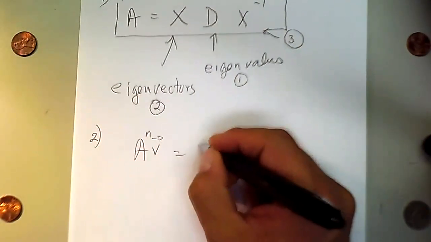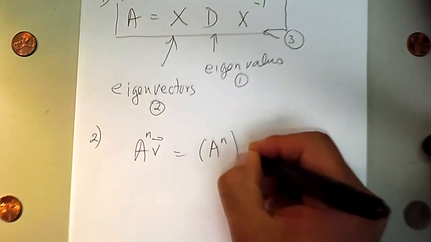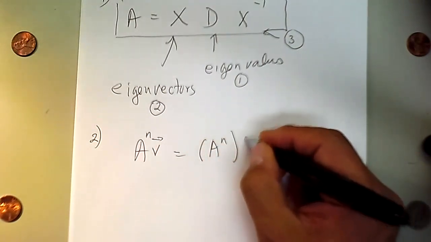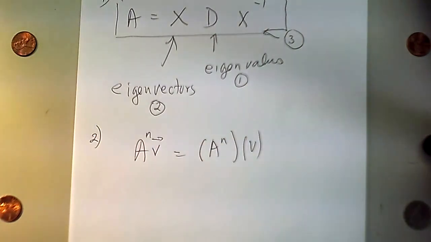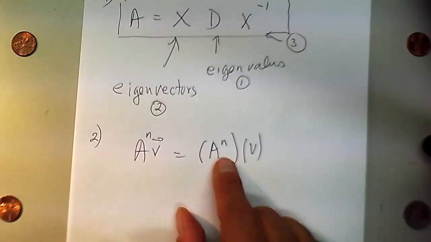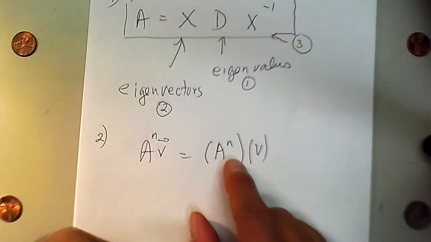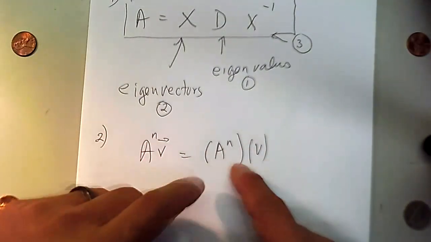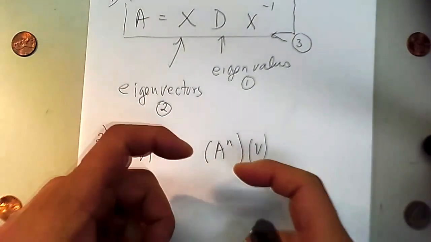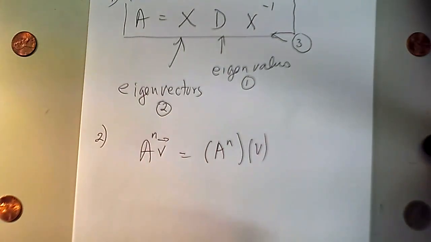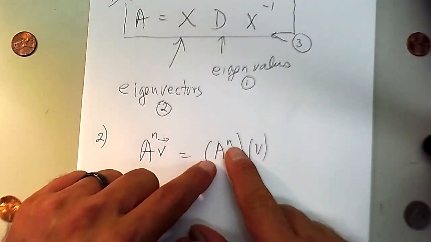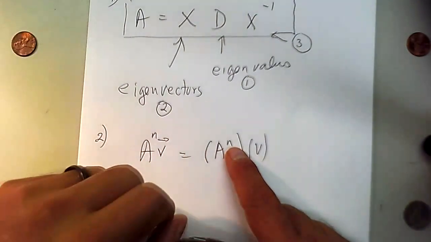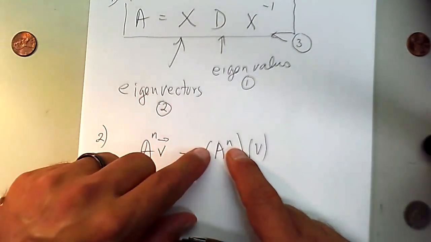Let me rewrite this as A to the n multiplied by v. Now you can do this the long way, multiplying the matrix 4 or 5 times, but if the matrix is large, that's going to take too long. Or I can ask you to do this 100 times, the other exaggeration.